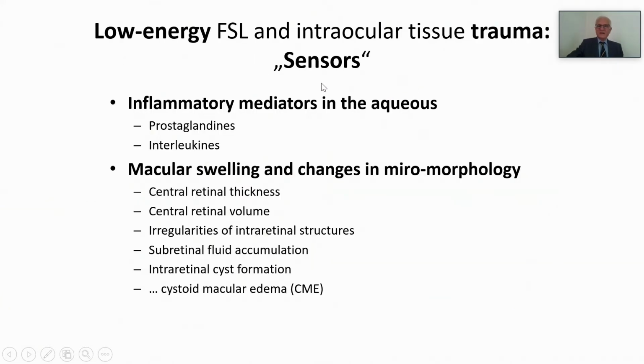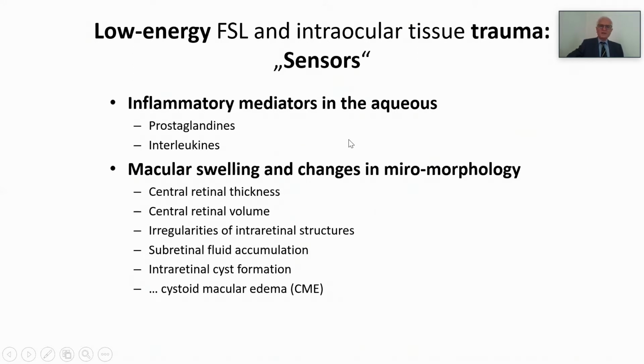So we investigated the impact of such a low-energy laser on intraocular tissue trauma. We need sensors to describe or measure this trauma. There are two sensors. One is the level of inflammatory mediators in the aqueous, and we use prostaglandins and the interleukins as markers. And a second sensor is the macular thickness and the macular micromorphology.